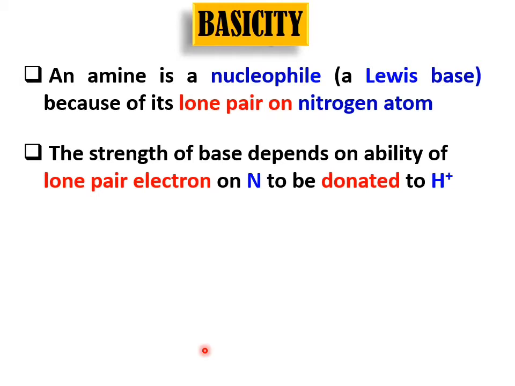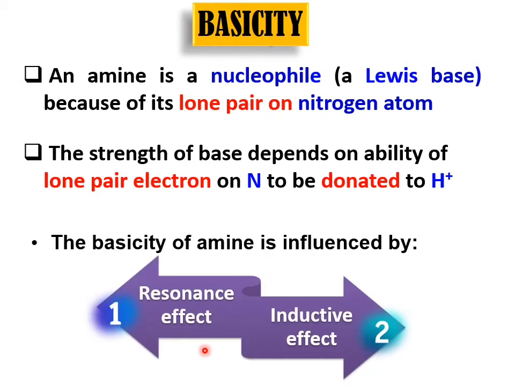So the effects are also the same as carboxylic acid. We have two effects: the first one is resonance effect, and the other is inductive effect. Remember, resonance effect relates to the stability of delocalized or localized electrons. Normally it differs between aliphatic and aromatic. While inductive effect relates to the electron donating group and electron withdrawing group.